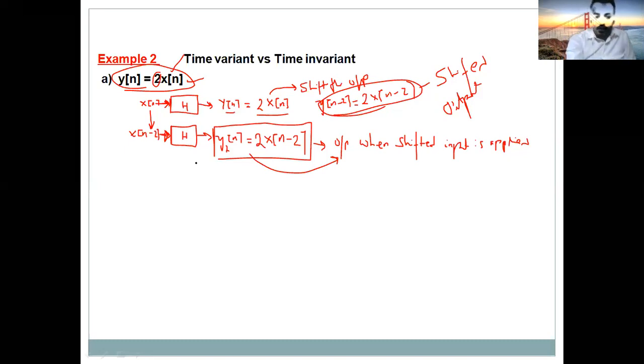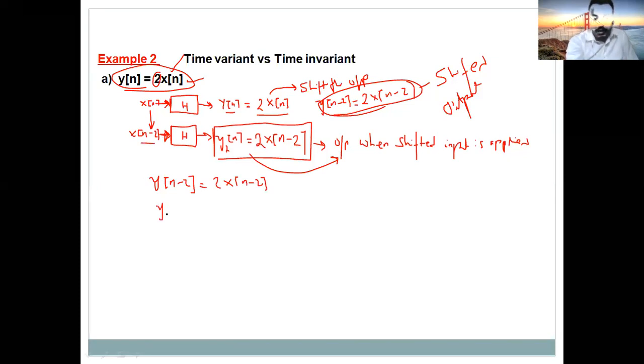The shifted output, y of n minus 2, after applying the input and shifting the output by 2, is 2 times x of n minus 2. In the second case, we do not shift the output but apply the shifted input.